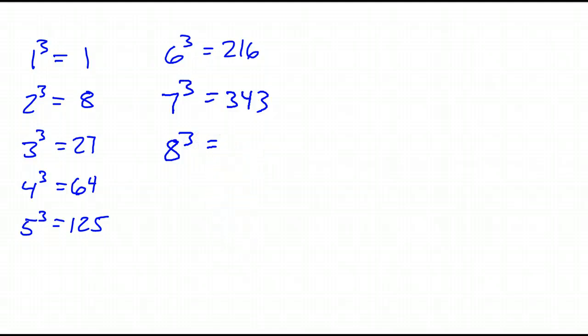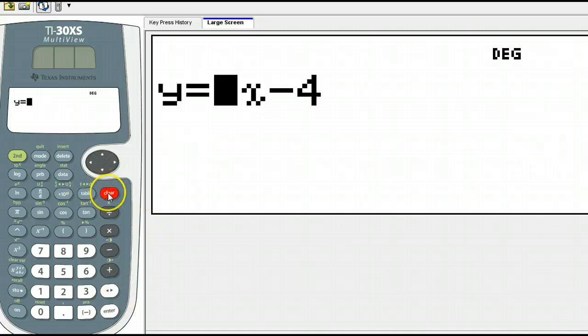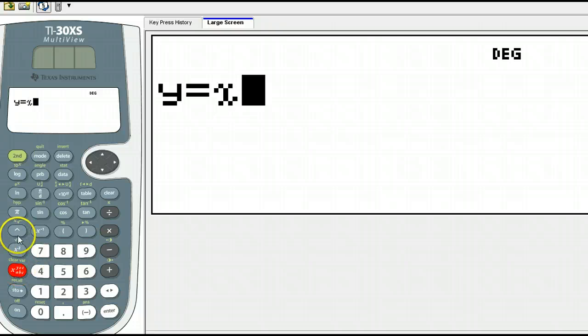Okay, now if I really want to get clever, I can use the table feature of my calculator if I really want to be clever about it. And I can just set this equal to x to the third power.